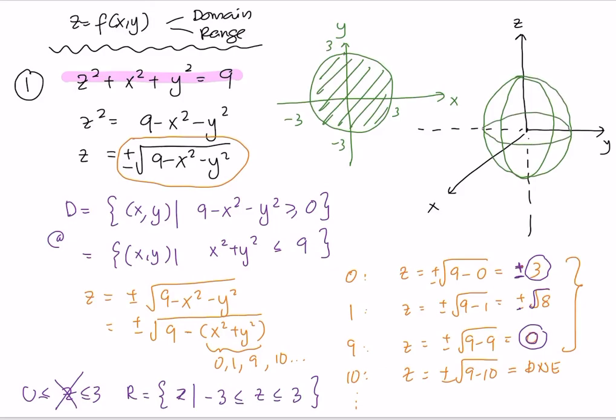So what is the relation? Here is minus 3, 3. What we can say is, this is the domain. The domain basically refers to the z axis here: when you are at the z axis and looking down, you can see the domain.